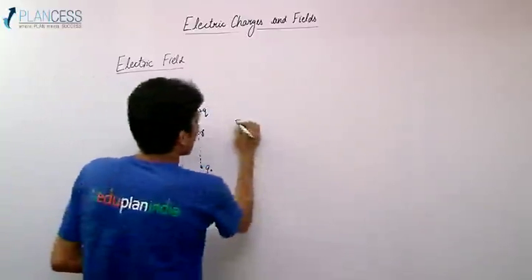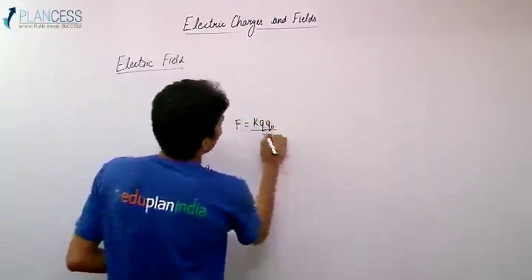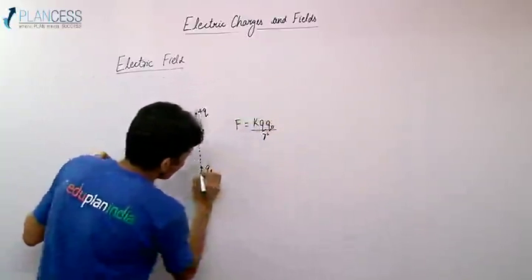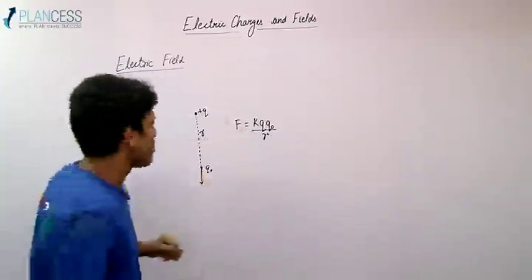So force in magnitude would be K Q Q0 by R square, and the direction would be along the line. So this is the formula for force.